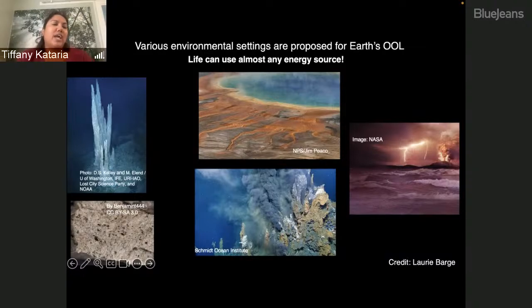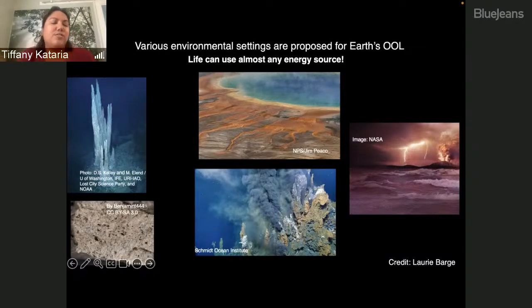I do want to point out, actually, when it comes to hydrothermal vents, what's interesting is that in early Earth, the ocean was largely anoxic, very rich in iron, and so understanding hydrothermal vents and the emergence of life in that context is still very different from what modern Earth looks like today. But here are other pictures of where origin of life could have emerged.